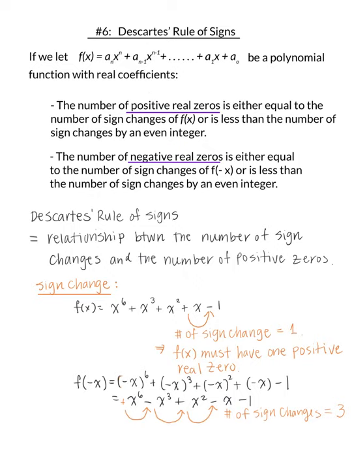So if the sign changes are 3, then if I subtract an even integer, that will be minus 2. So 3 minus 2 will give us 1. So the rule is telling you that we could have just 1 negative real zero as well. Okay, so let me just write down the result. By Descartes' rule of signs, f of x could have either 3 or 3 minus 2, which would be 1, real negative zeros.